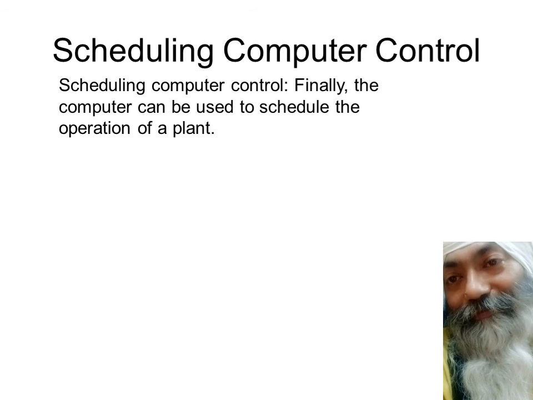Let me tell you, scheduling is different from optimization. In optimization, the production is fixed, the input is fixed, the output is to be maximized, the cost is to be reduced, but we have an idea of how much should be the total production. But in scheduling, we actually schedule the product mix. Let me tell you how.